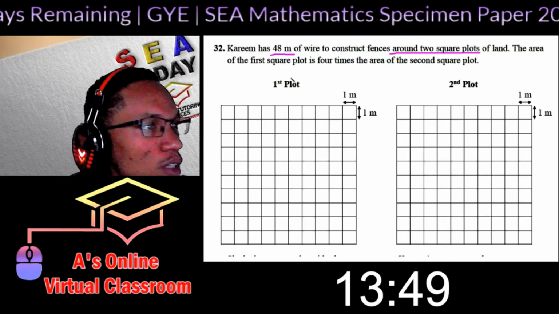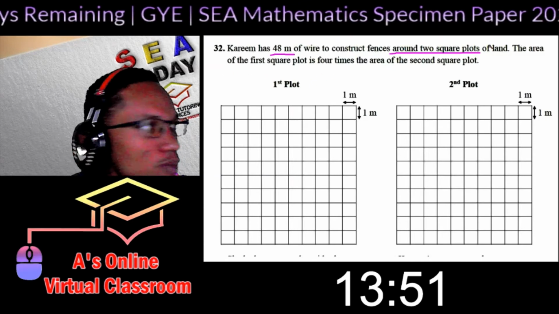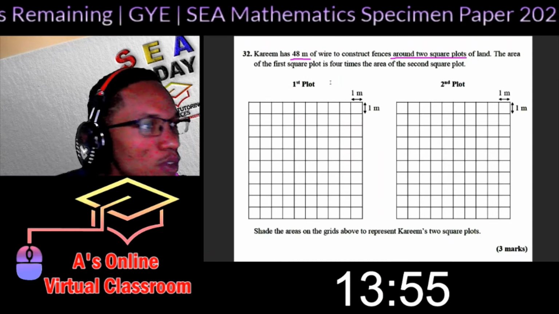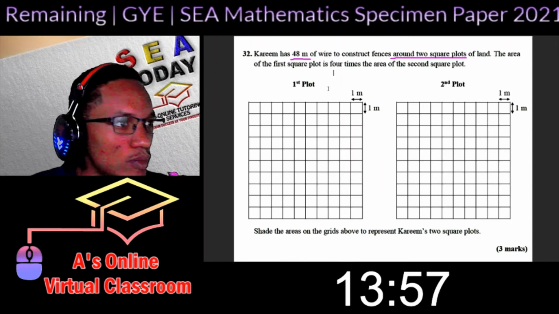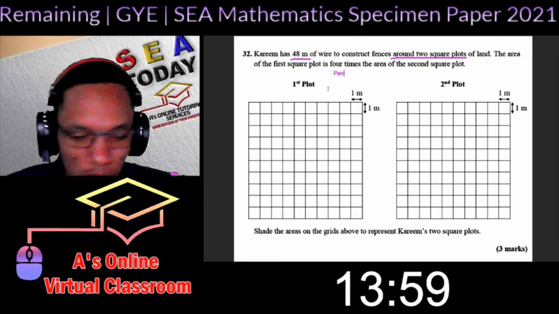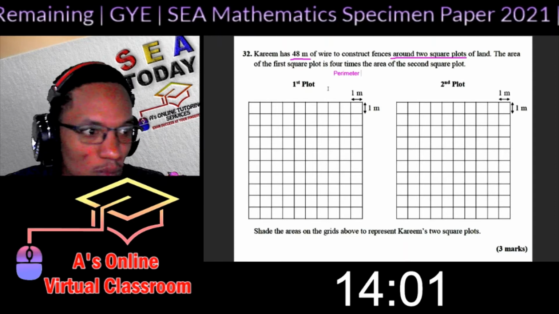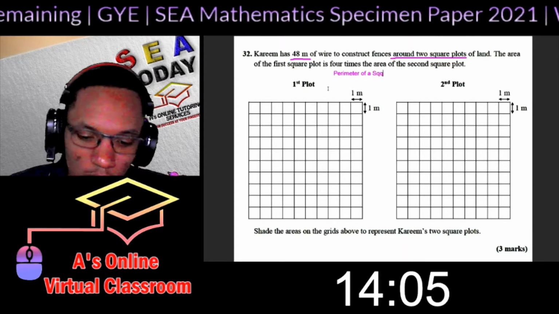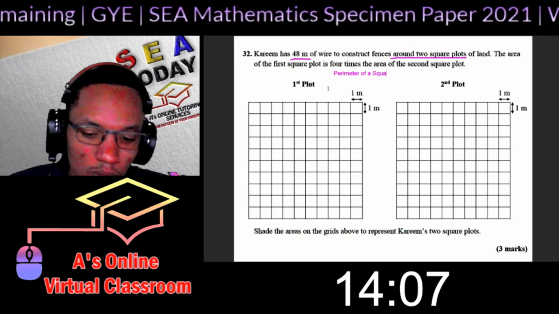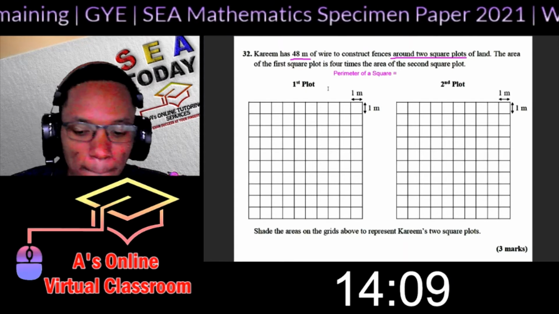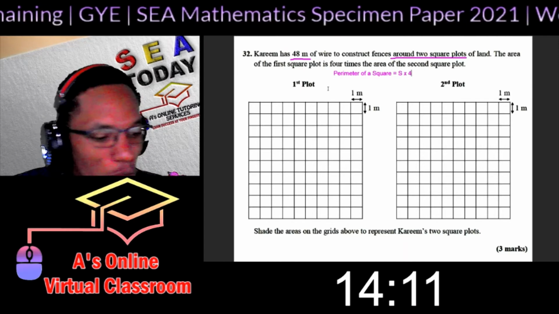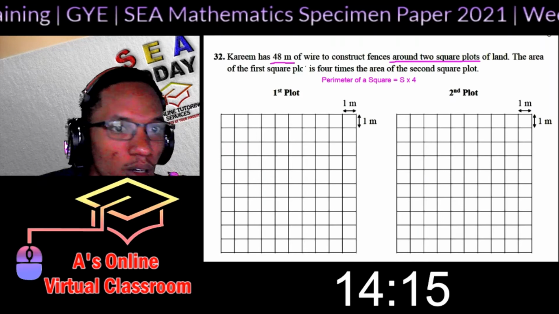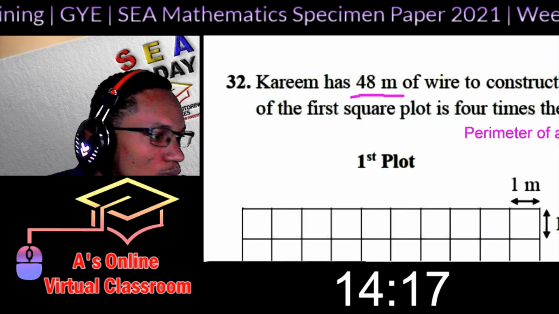And the perimeter of a square, let's get that on the page. Perimeter of a square, side multiplied by 4. So that's perimeter of a square. Side times 4.